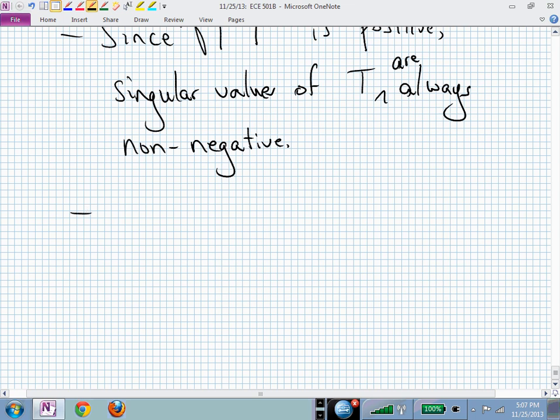The other thing that we need to keep track of is that some of those eigenvalues of the positive square root of t dagger t may be repeated.